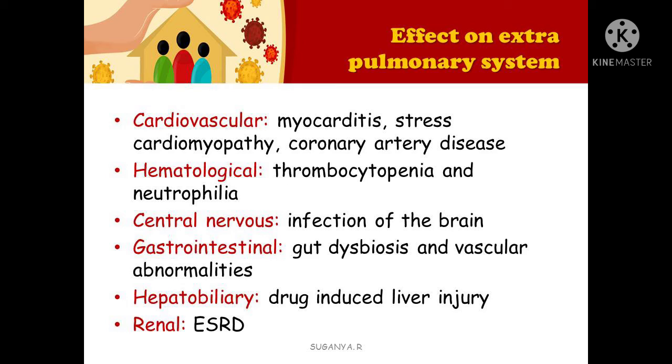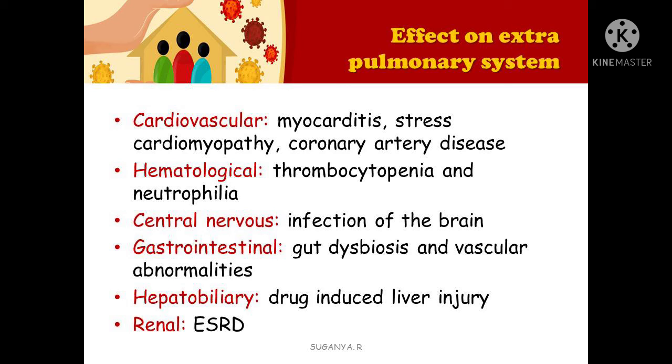In the hematological system, ACE2 lymphocyte destruction, which happens due to direct invasion by the virus, will lead to lymphocyte apoptosis, suppression of platelets and activation of the coagulation cascade, thereby leading to thrombocytopenia and neutrophilia. In the central nervous system, the virus invades via the olfactory nerve and the vascular endothelial cells are also infected. This leads to infection of the brain.